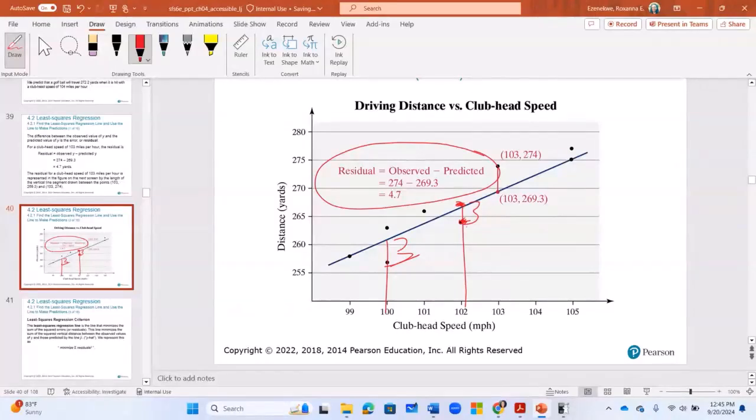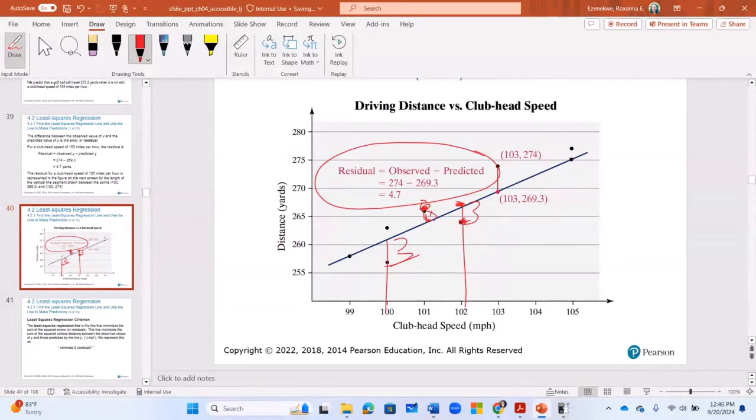The residual for 101 will be positive because the observed is on top. The point you plotted is the observed, minus predicted. The predicted is on the line. So the distance from here to here is going to be positive.